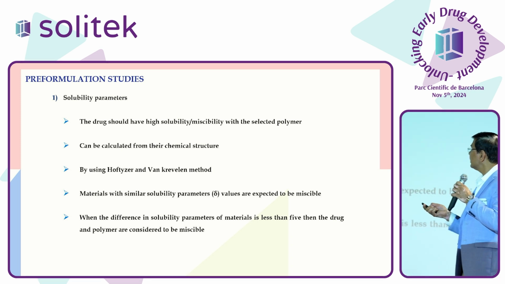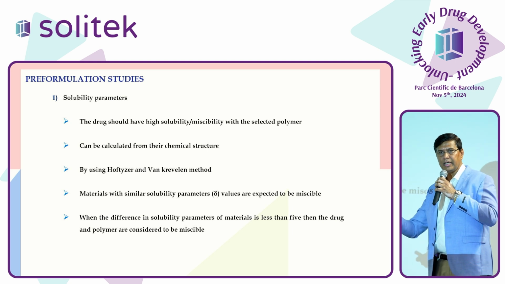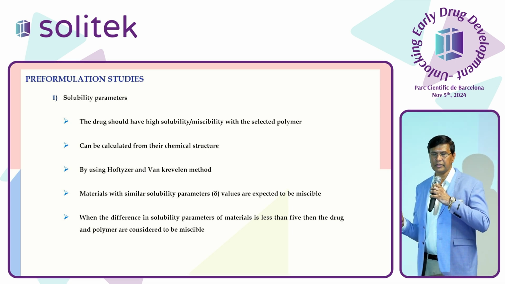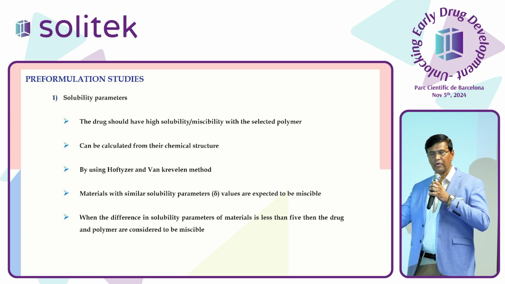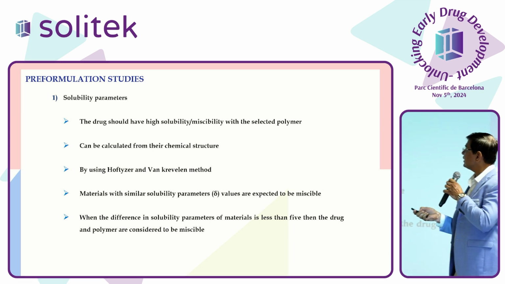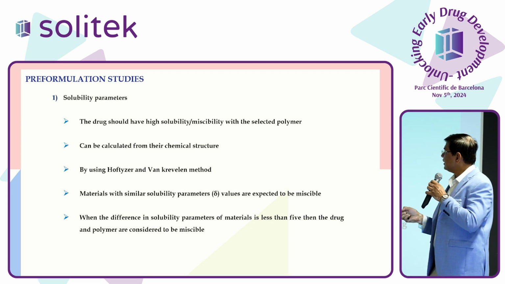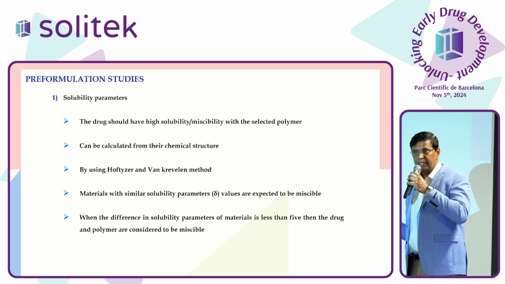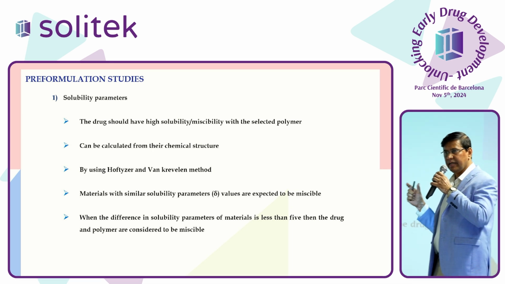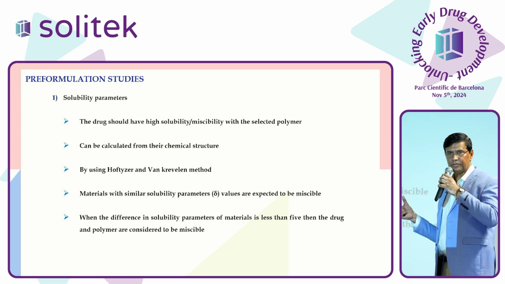The first one is the solubility parameters. If your drug is water insoluble, BCS Class 2 and Class 4 drugs, and we want to use it for solubility enhancement, then polymer selection is very important. So how to select this polymer? The first and very important thing is the solubility parameter. The drug you are using should have very good miscibility with the polymer which you are choosing.